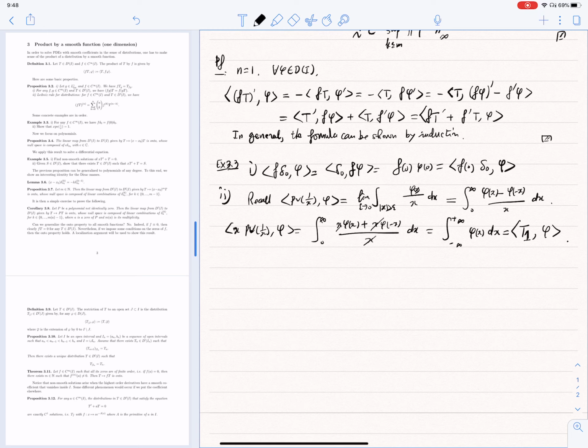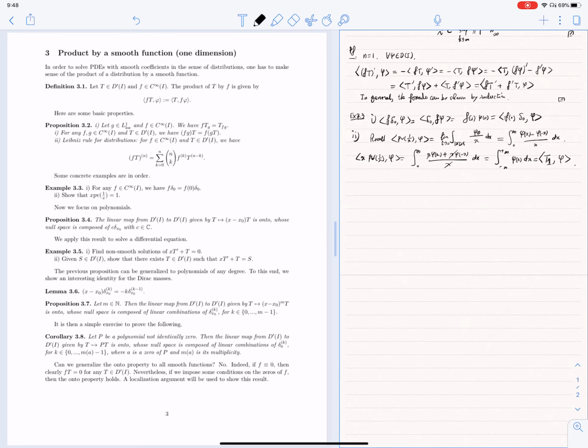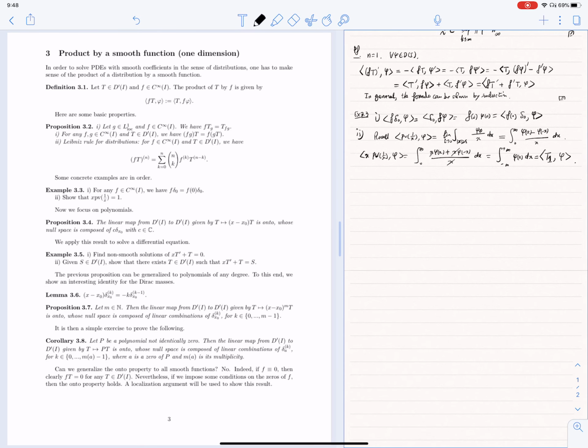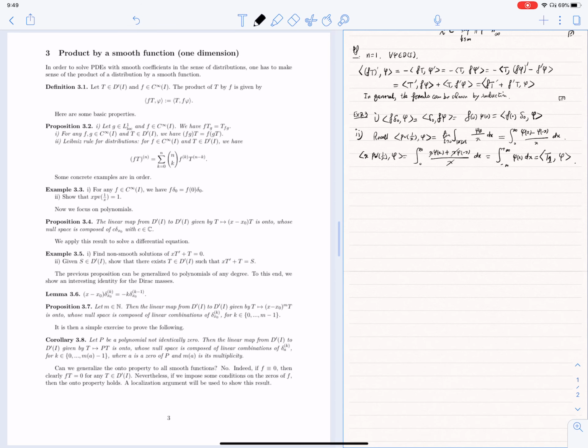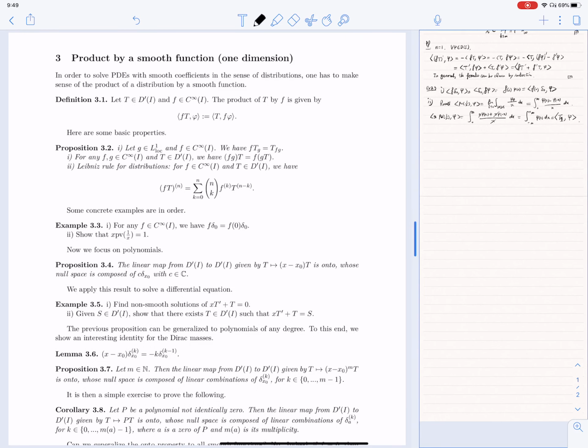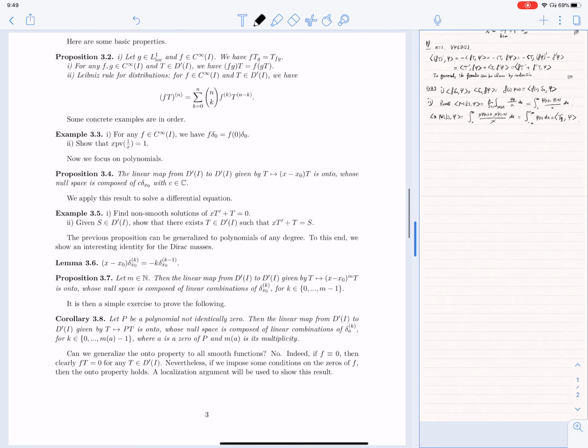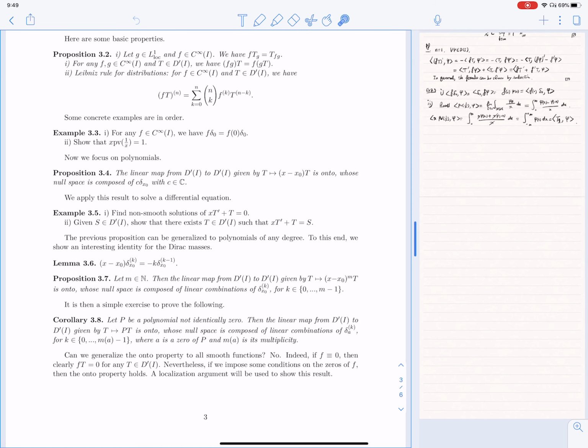All right, so now we are going to investigate some more theoretical properties of the operation product by a smooth function. And we're going to start with the simplest polynomial, which is a linear function. Let's consider Proposition 3.4. It says that the linear map given by T, a distribution, maps to T multiplied by a linear function.